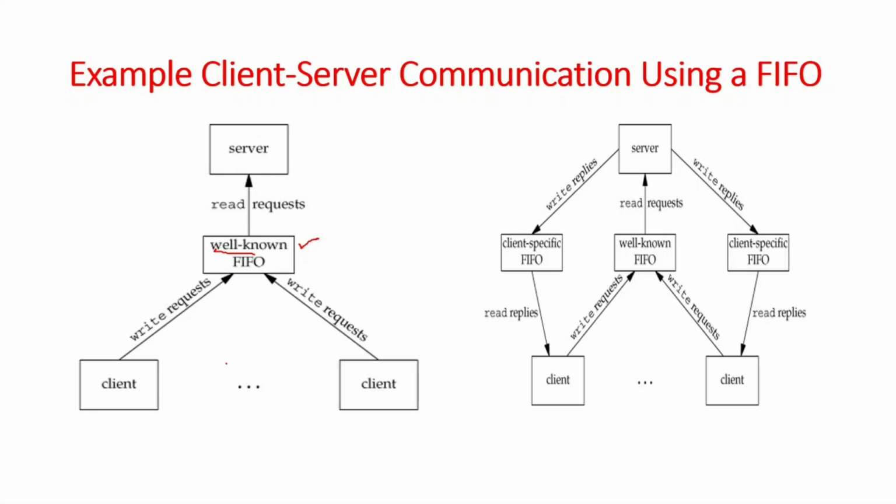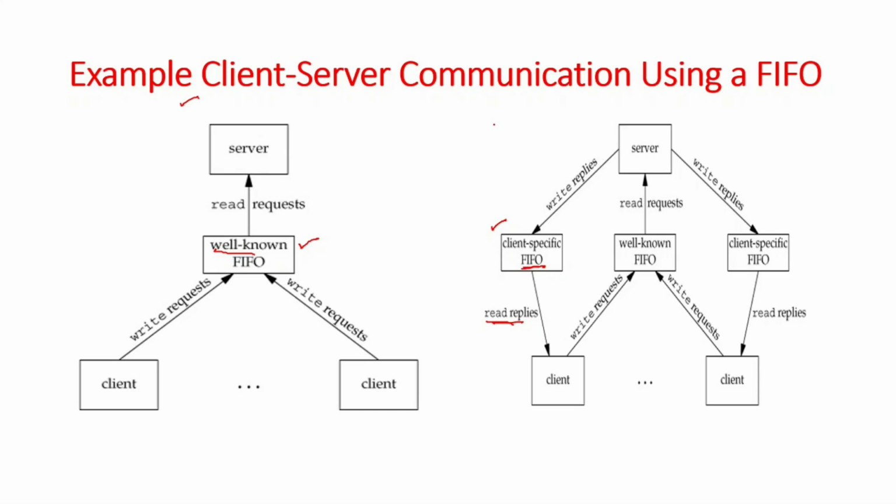This is the structure when a client only wants to send data. If the server wants to reply back, it has to create a client specific FIFO and write the individual reply to this client specific FIFO, from which the client reads the reply. So that is client server communication using a FIFO, which we have already seen.